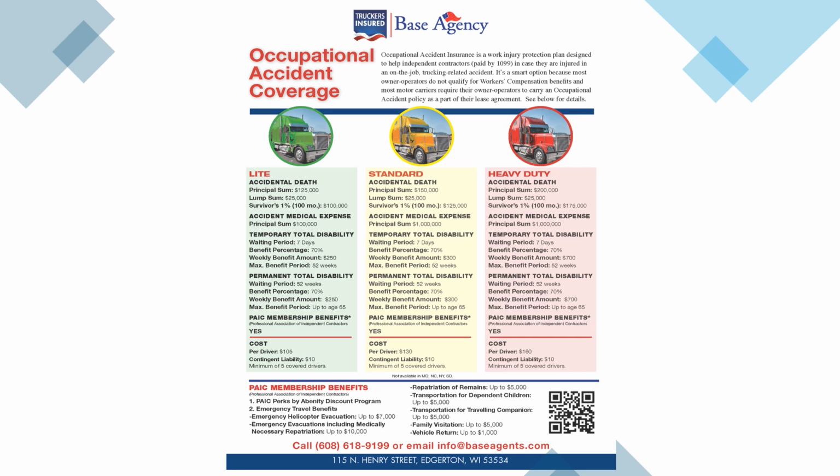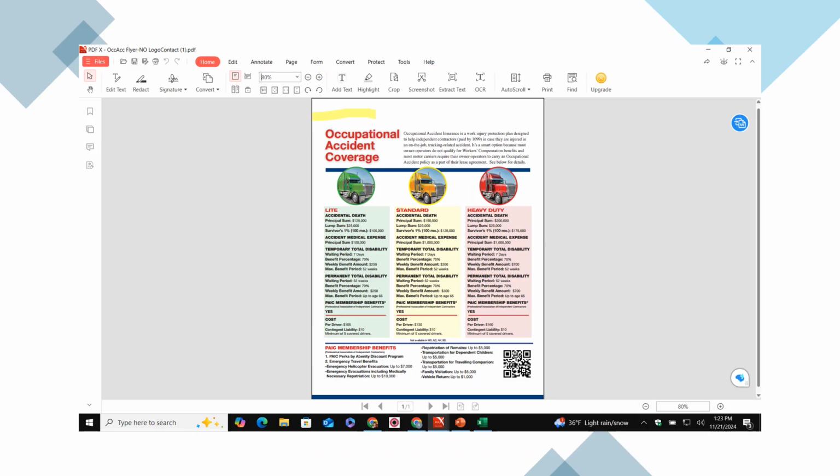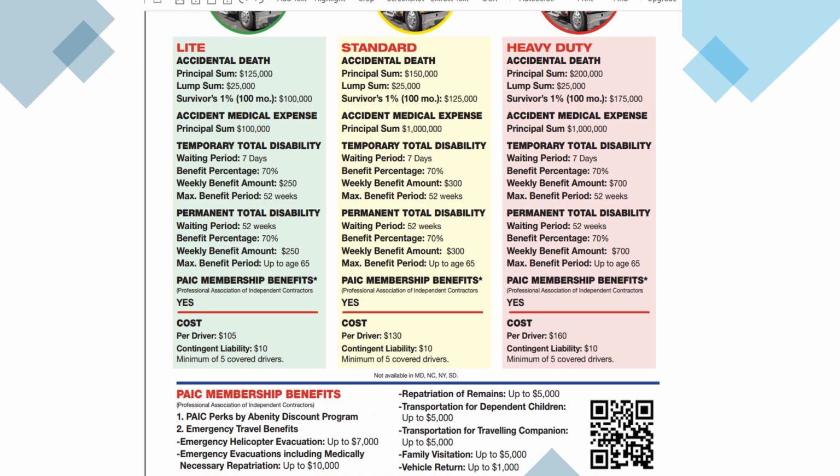And let me show you what the blank one looks like. I kept this area nice and clean so you can put your logo. Usually I put the contact information here so your drivers or your motor carriers know who to contact on your team. And here's our good, better, best solution. So I say light, standard, and heavy duty.